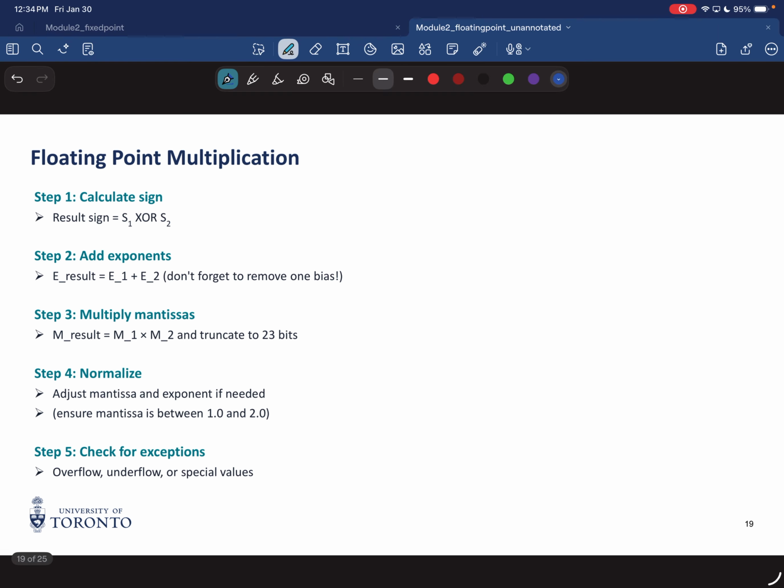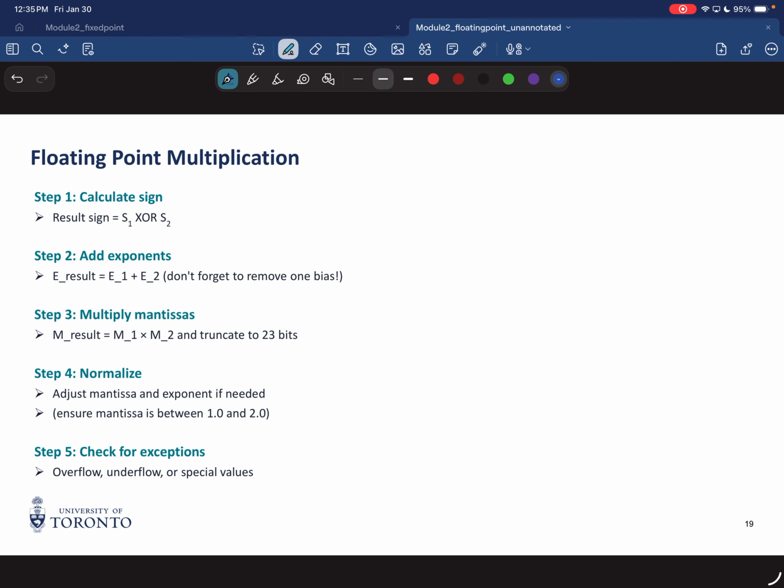Okay, in multiplication, easy. The signs are going to be, you're going to get XOR, meaning that if they're the same, it's going to be positive. If they're different, it's going to be negative, right? And then the exponents are going to add up, but the important part is to bring it back to the range of the exponent that you wanted to keep, okay?